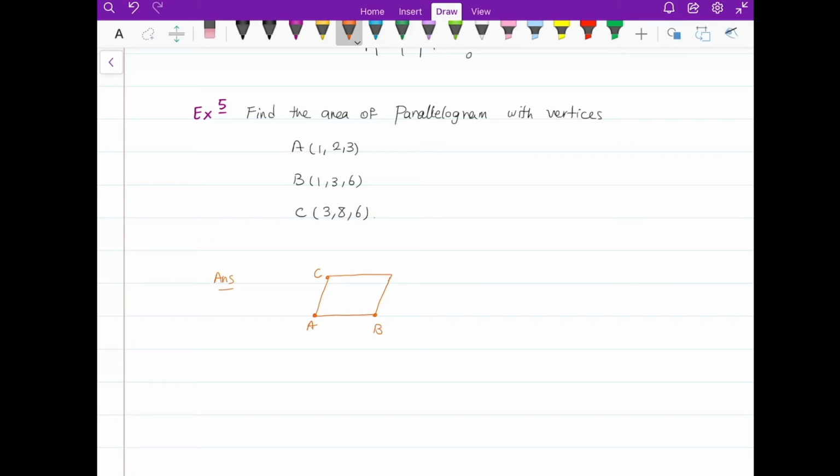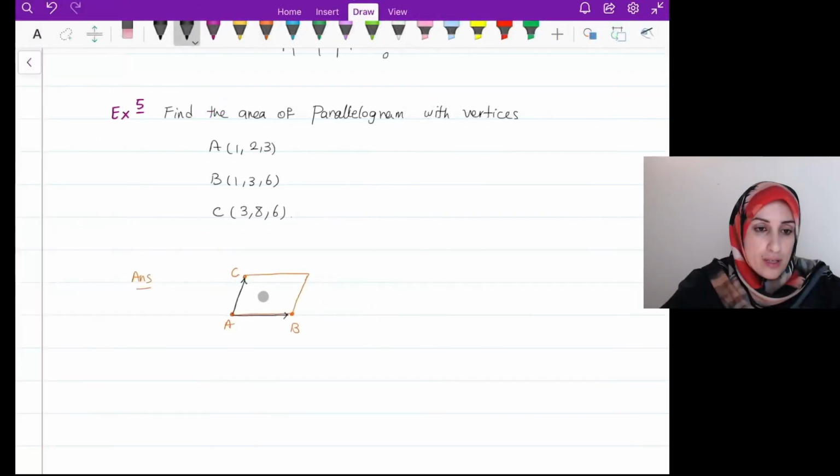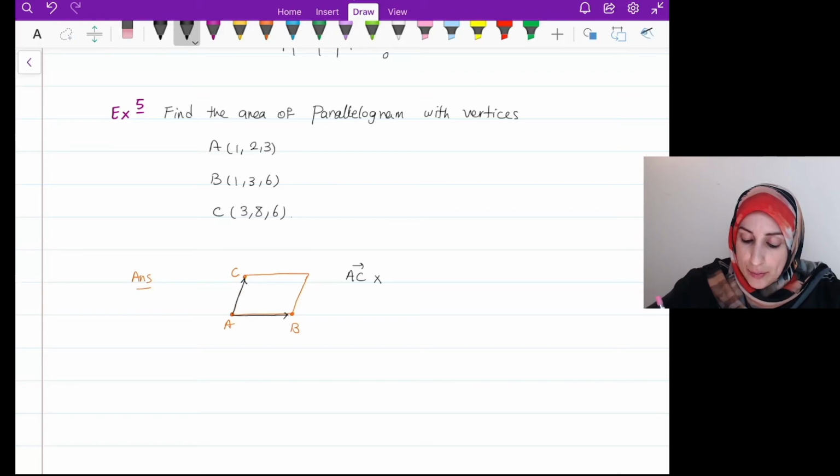How do I do that? Using the vectors, I can consider the vectors AB and AC, and then the area of the parallelogram would be the length of their cross product. So let me take AC cross product with AB.